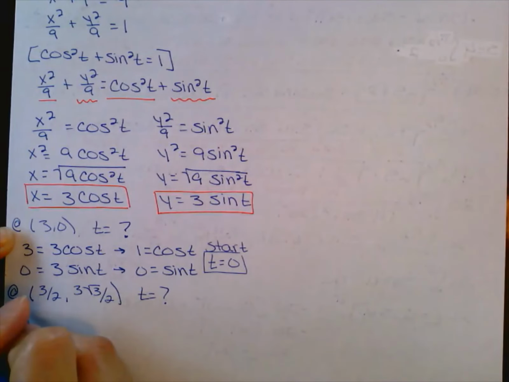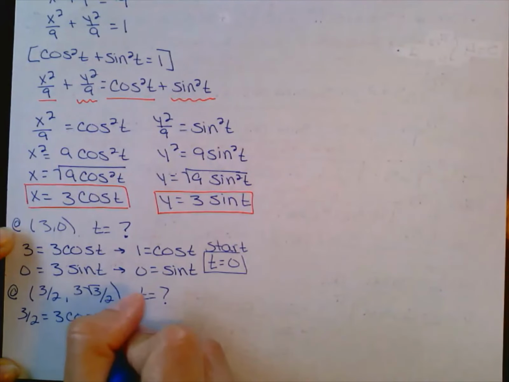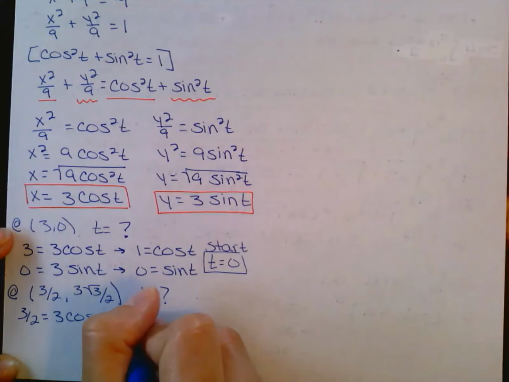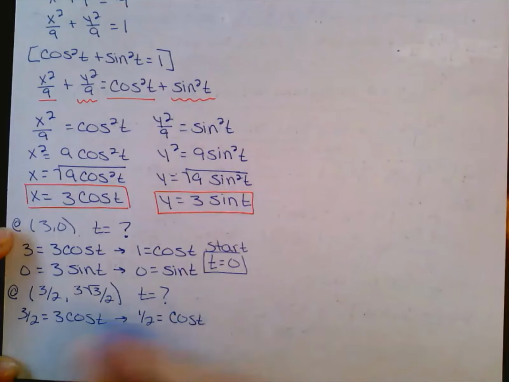So plug this one for the x. 3 over 2 equals 3 cosine of t. Divide the 3, and I'm going to end up with half equals cosine of t. And then 3 square root of 3 over 2 equals 3 sine of t.